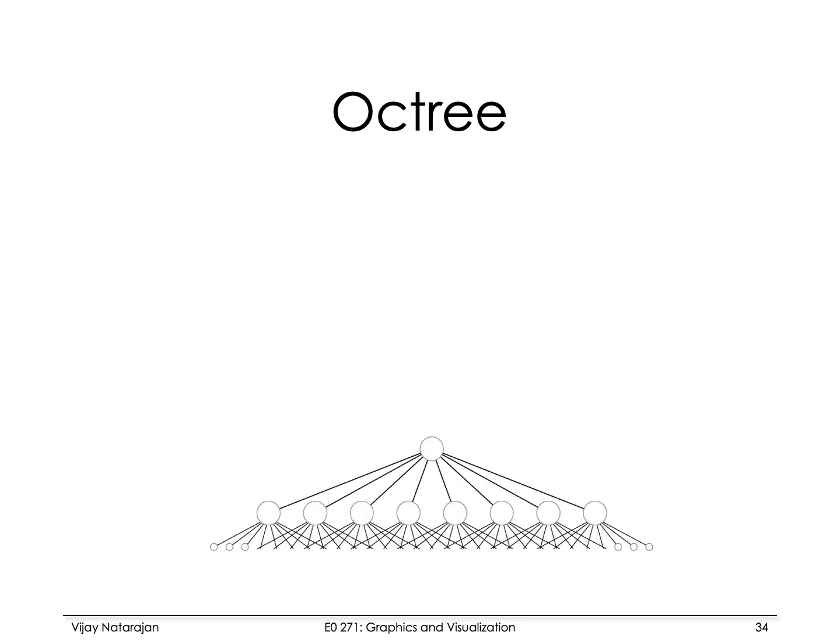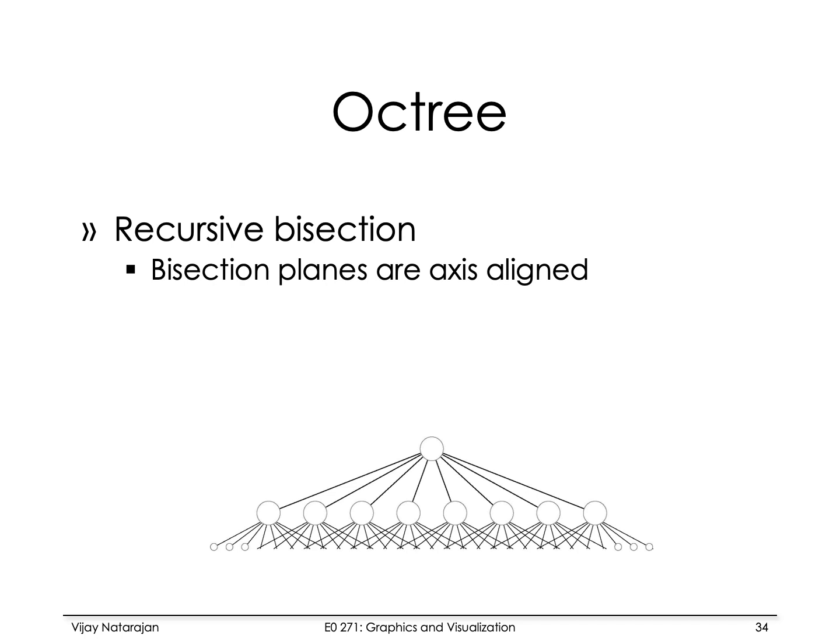The idea of the Octree is similar, except that now you work in 3D and you do recursive bisection, and in one iteration you partition your domain into octants, right? And hence the fan out is 8.